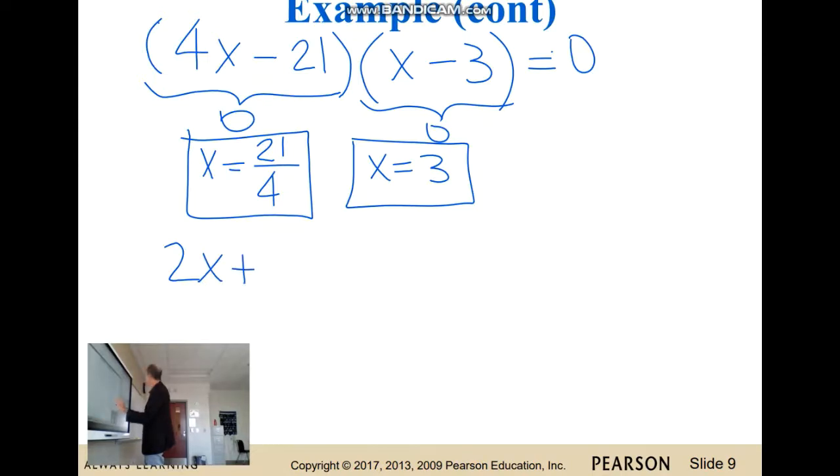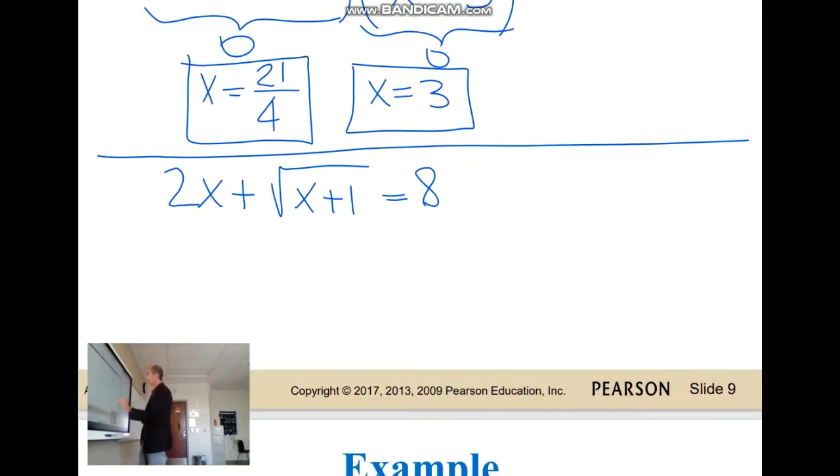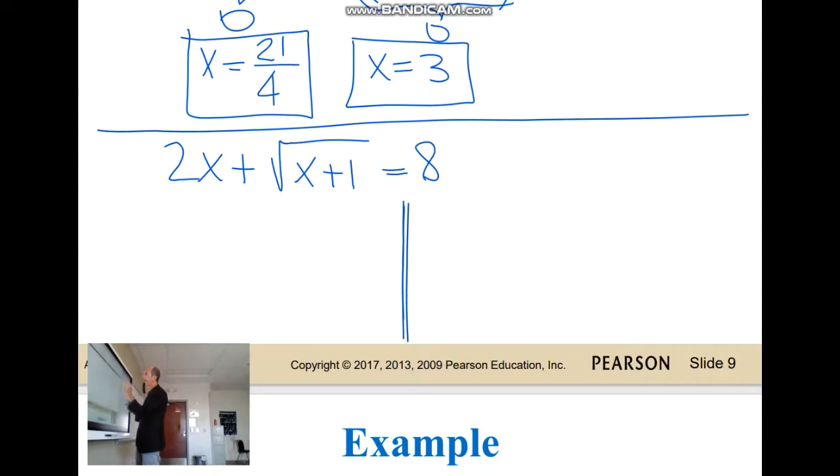2x plus square root of x plus 1 equals 8. This is the original equation. Let's plug in each one of the possible solutions and check if they are good or not. I'm going to split the screen here. On this space, we will work with x equals 3. 2 times 3 plus square root of 3 plus 1 equals 8.